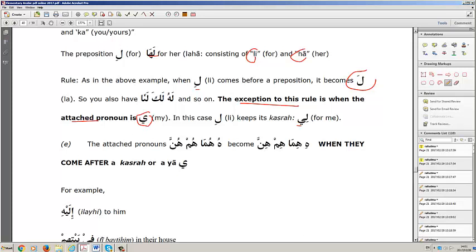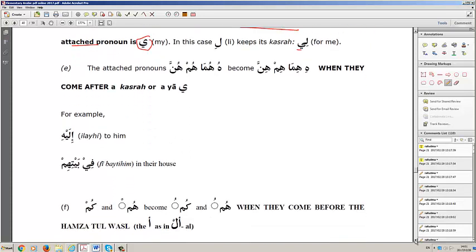And the attached pronouns, the following ones, hunna, hum, huma, hu, become hima, him, or hinna when they come after a kasra or ya.